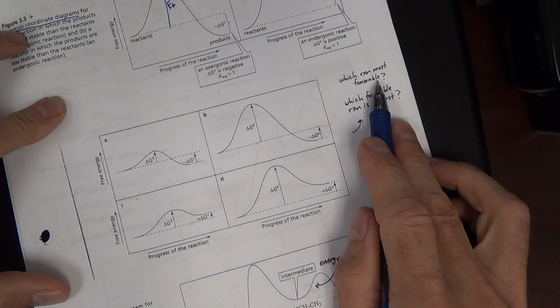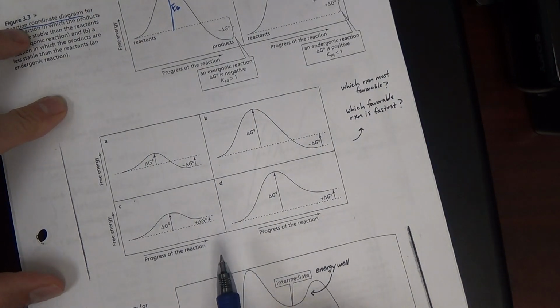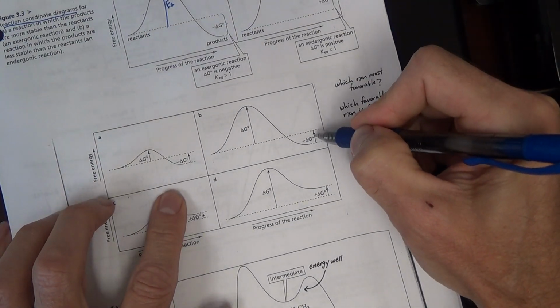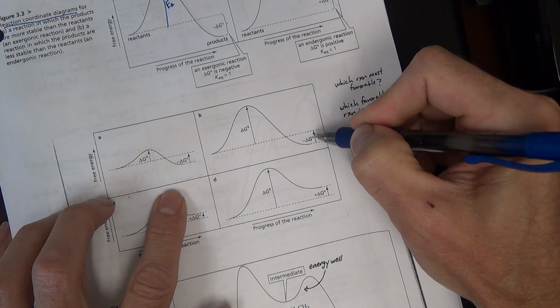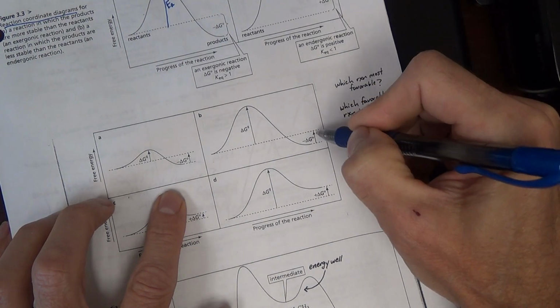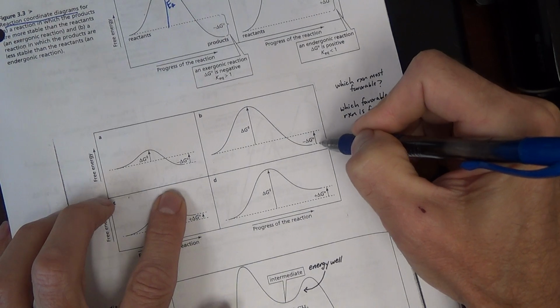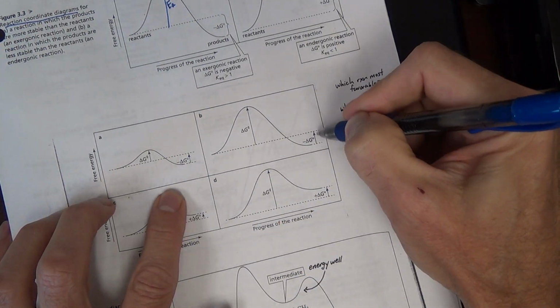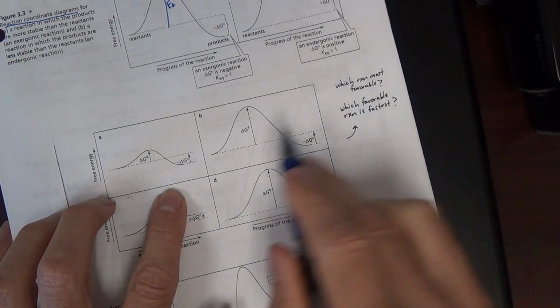Which reaction, though, is most favorable? A little bit hard to see, but this one appears to be most exothermic. The line's a little longer. The distance is more exothermic than that. A little close to tell, but that one is more exothermic. So which is most favorable? I would say B.